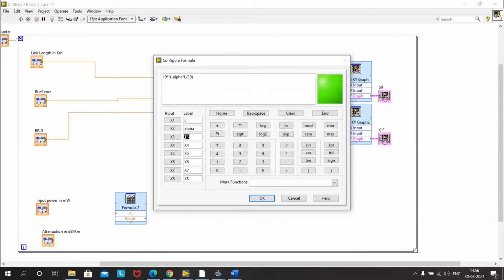So I'll give one input terminal the input power, so that will help us to calculate the output power. So this will give us the value of input power.